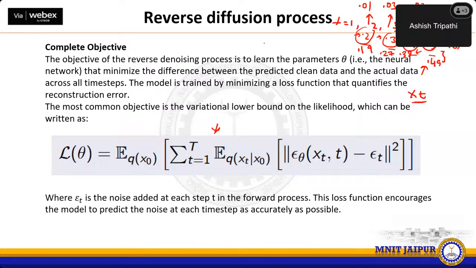So we need to perform sigma: sigma of 0.01 plus 0.02 plus 0.03 plus 0.01. This summation is going to be the loss, the sum of the losses of all the iterations.